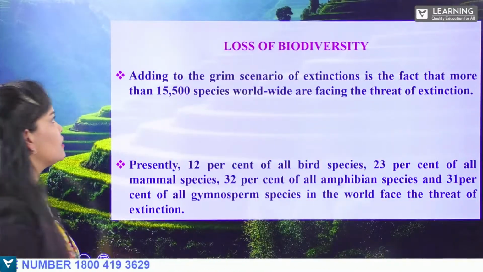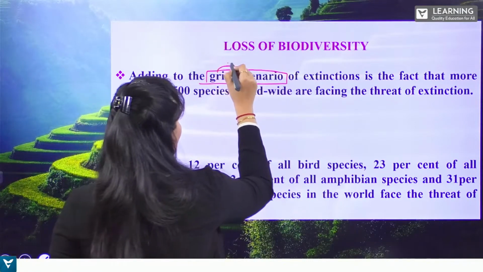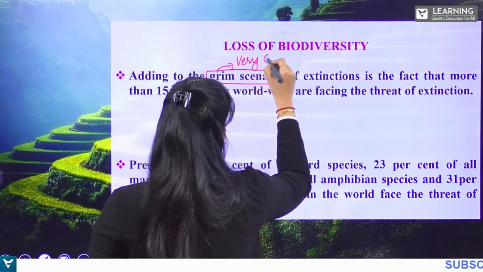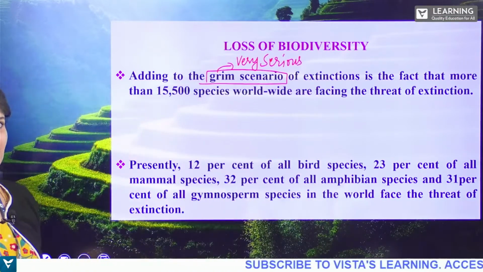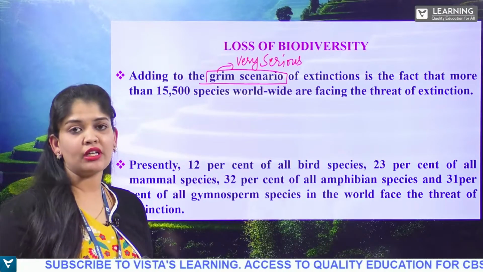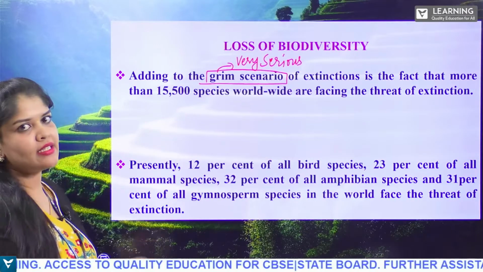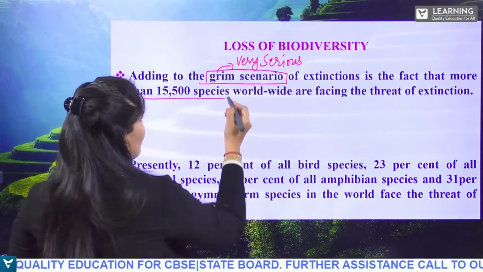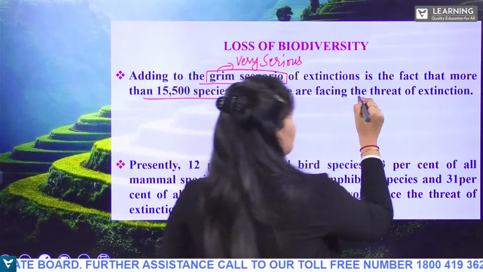Now, here, according to the grim scenario of extinctions, the rate at which these extinctions are happening is very serious and leads to a very dangerous scenario. This is the fact that more than 15,500 species worldwide are facing the threat.